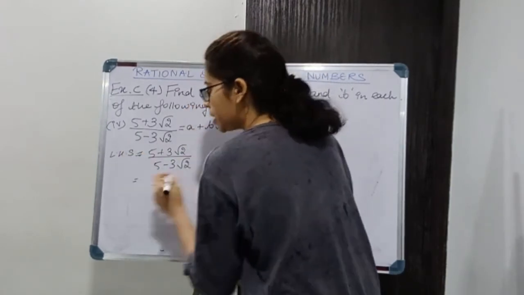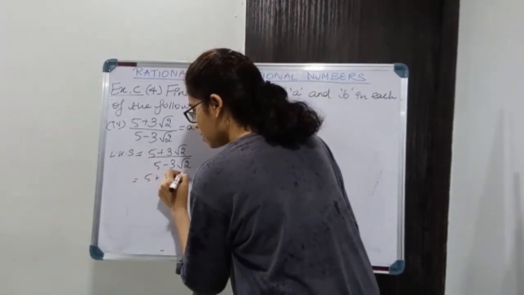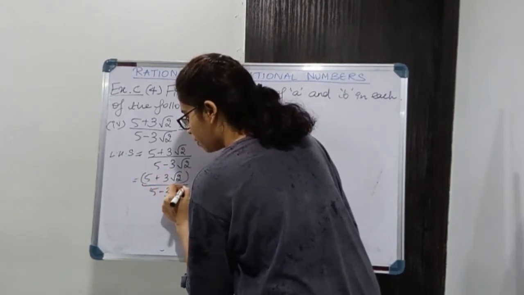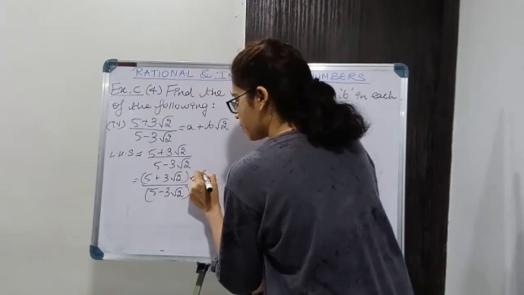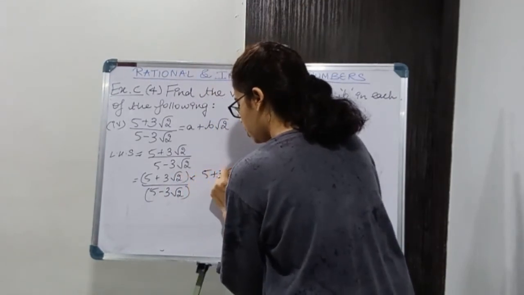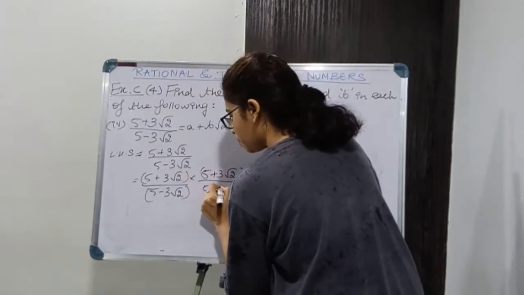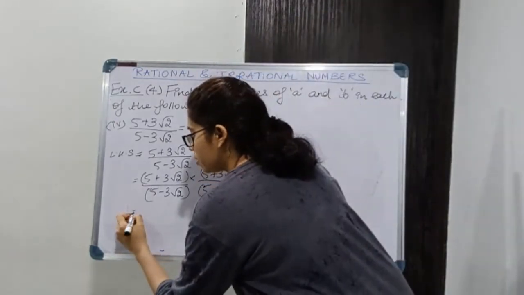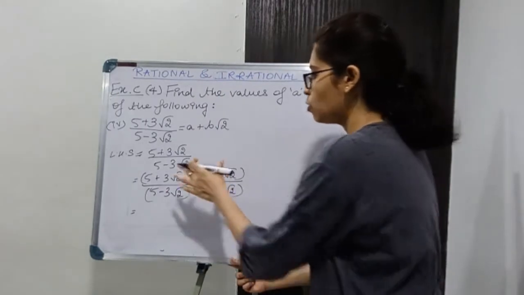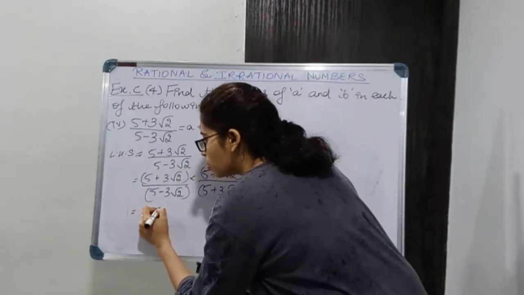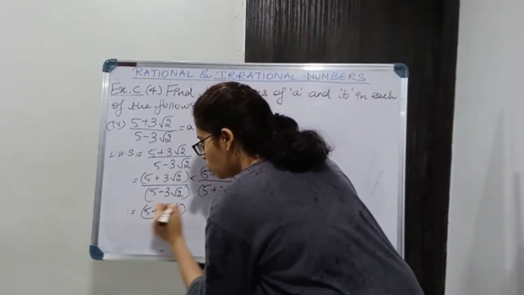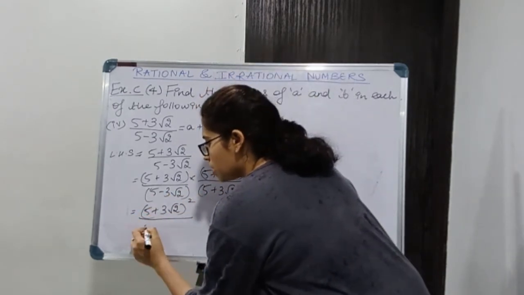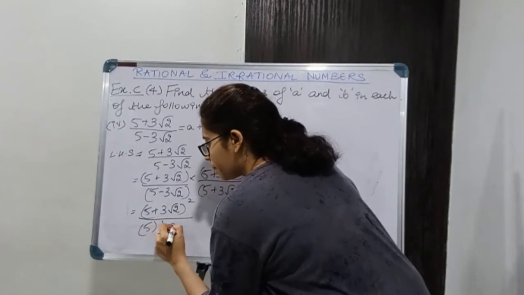We will multiply by the rationalizing factor, so the rationalizing factor of the denominator is 5 plus 3√2. So multiplying both numerator and denominator by 5 plus 3√2. In the numerator the brackets are the same, and when you multiply both brackets it is going to be (5 plus 3√2) square. Over here a minus b, a plus b becomes a square minus b square.